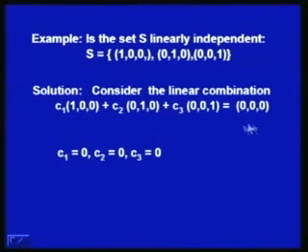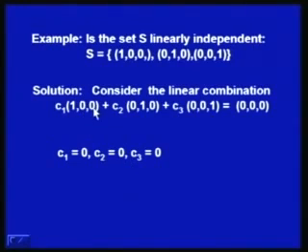Now one can notice that these will give rise to three equations if you compare component wise. In the first, only C1 into 1 is contributing, the others are not. So if we equate it to 0, C1 is equal to 0. In the second, only C2 into 1 is contributing, so C2 is equal to 0.